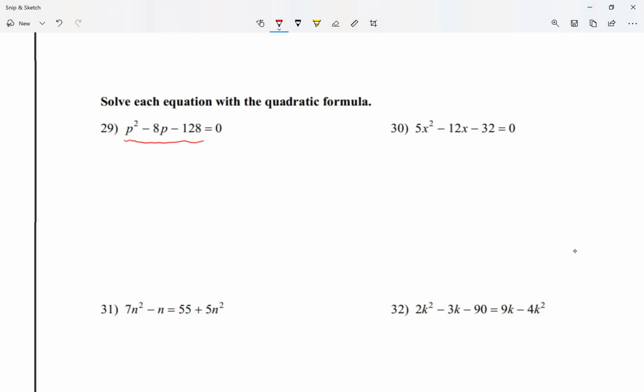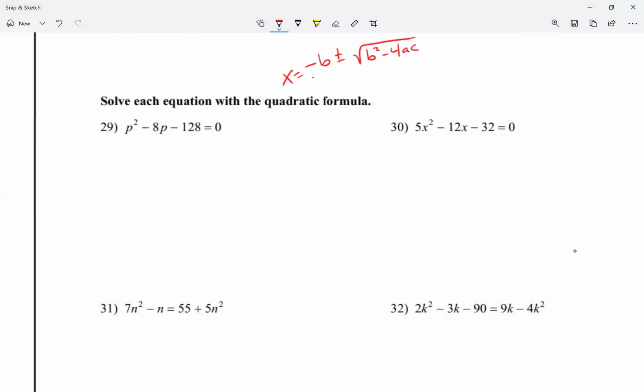So what I'm going to do first is talk about the quadratic formula. The quadratic formula, we have it as x is equal to, I'm going to come up with two solutions for x, and it's going to be negative b plus or minus the square root of b squared minus 4 times a times c, and all of this over 2a.